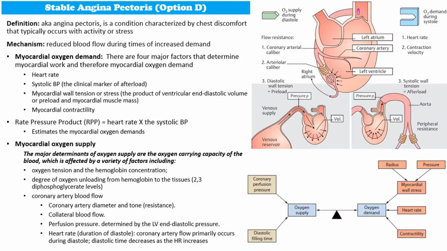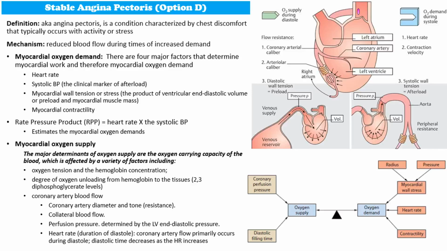Stable angina, also known as angina pectoris, is a condition characterized by chest pain or discomfort that typically occurs with activity or stress. It is caused by reduced blood flow to the heart muscle due to coronary artery disease, which means the heart muscle isn't getting enough oxygen-rich blood during times of increased demand, such as physical exertion or emotional stress.